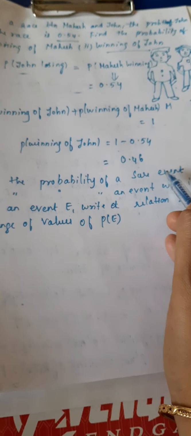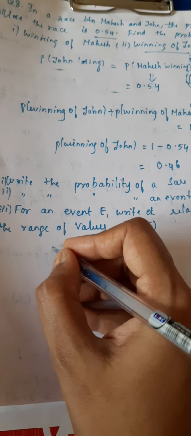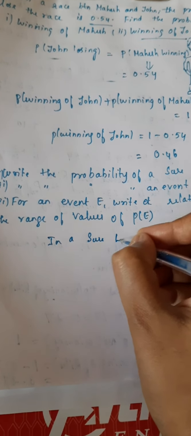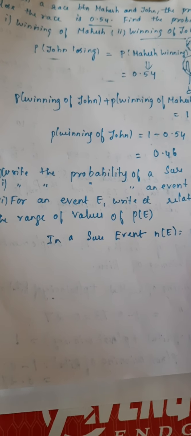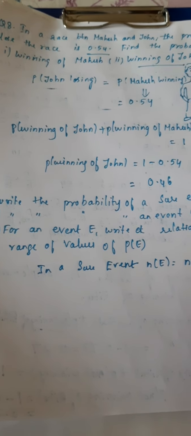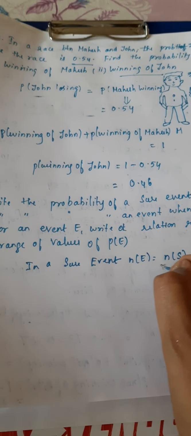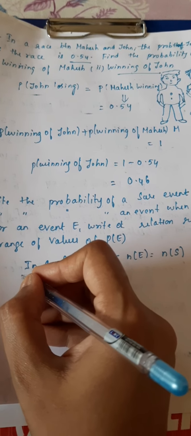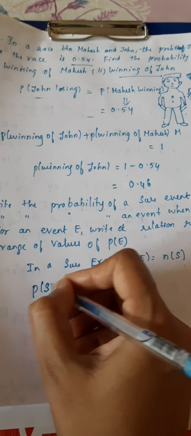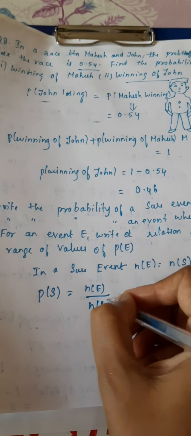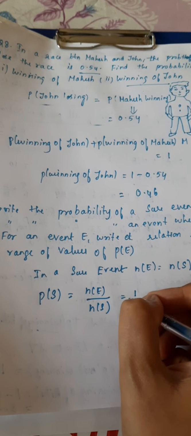Next, find the probability of a sure event. And that's the first part. Let's do the first part. So in a sure event, N of E is equal to N of S. Event is same as total number of sample space. So probability of the event is N of E by N of S. That is 1.